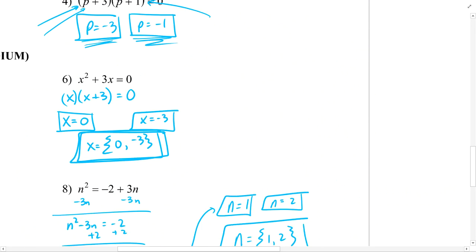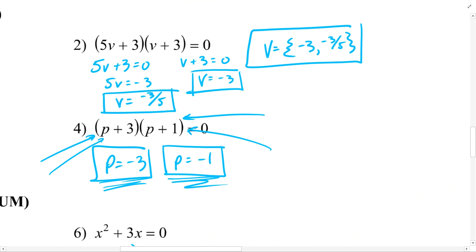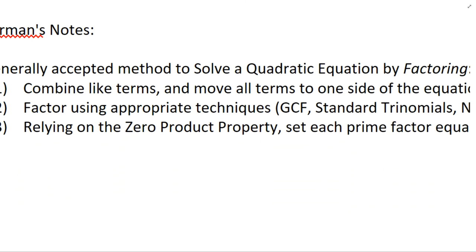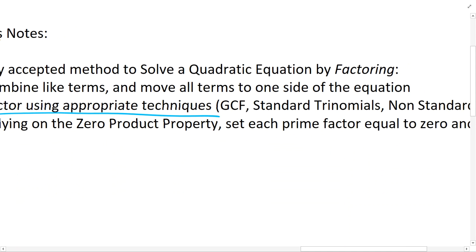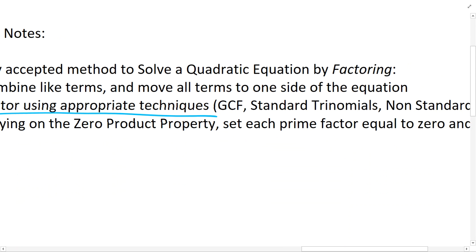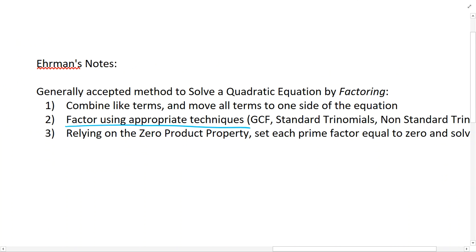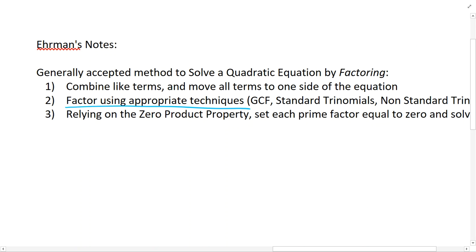Now, in the first group up here, I ended up not doing that, and you'll see why. My second step was to factor using appropriate techniques, and in problems 1 through 4, my quadratic equations were already factored. So I didn't even have to go through step number 1, because right at the beginning, our problems are set up to look like step number 2.